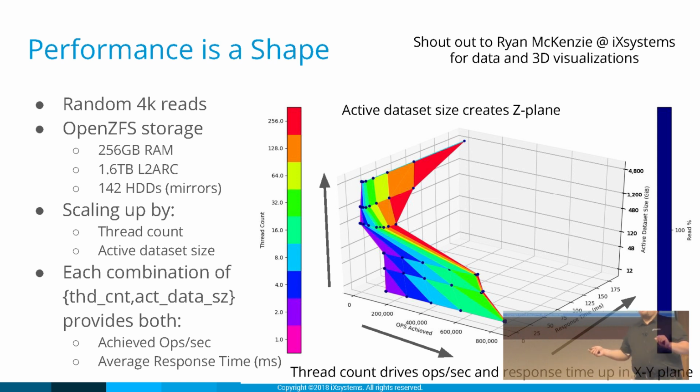Those are pretty standard performance charts. And you can see our thread count is driving up our ops per second and our response time in the XZ plane here. And then as we scale up our active data set size, we're driving the shape upwards and actually drawing the shape, not the line, but the shape in our Z plane. So that's our active data set size. So let's go through and build this.